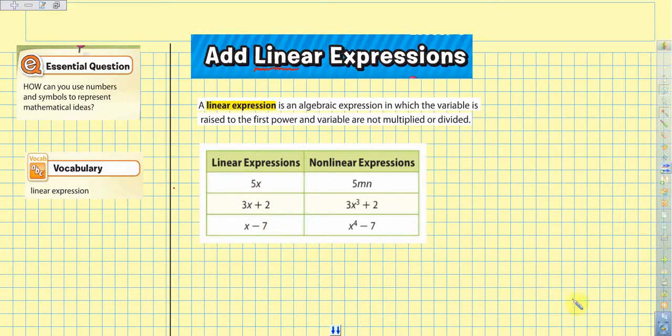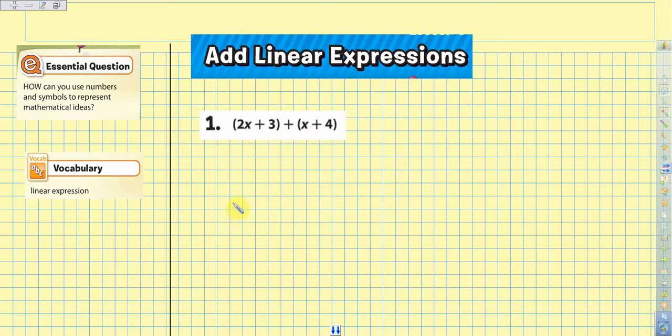Okay, let's get into what adding a linear expression looks like. Let's take a look at example number one. Basically, we have two groups here. We have the quantity 2x plus 3 plus the quantity x plus 4. The first thing you want to look at is that this is all addition.